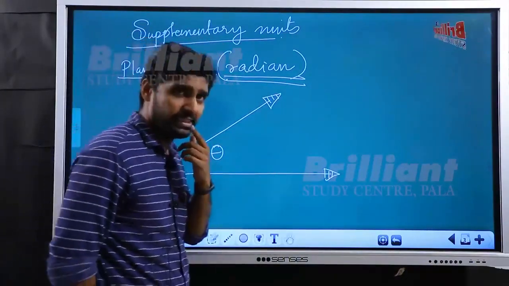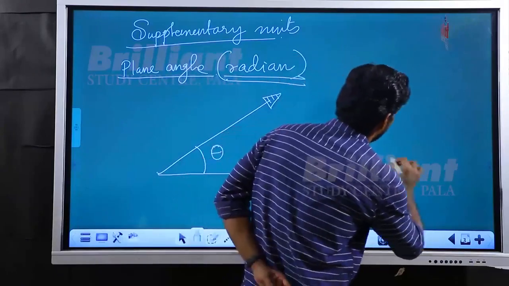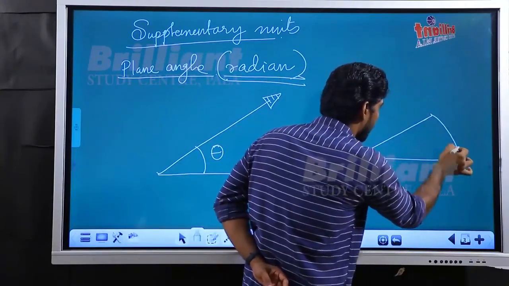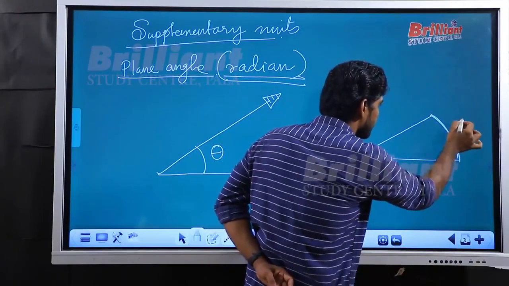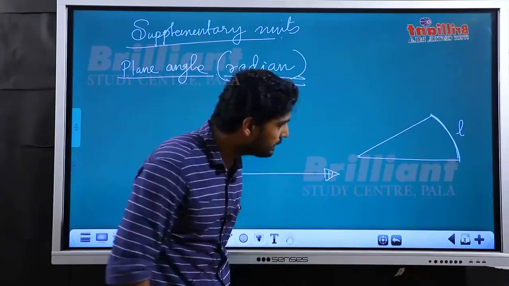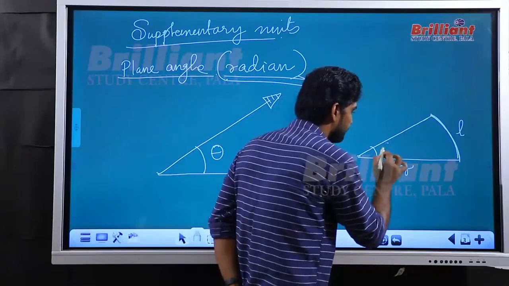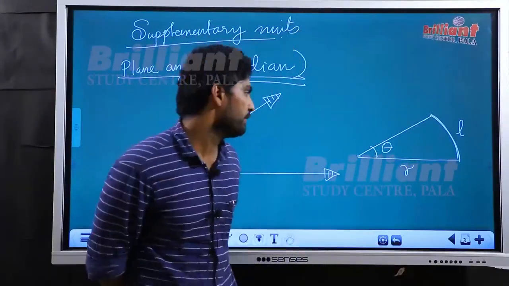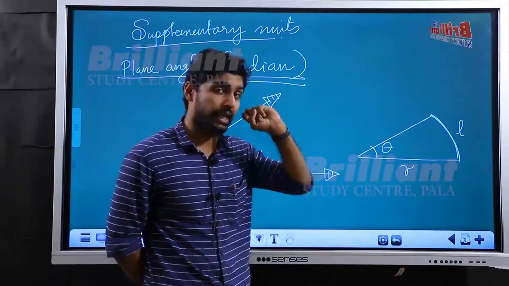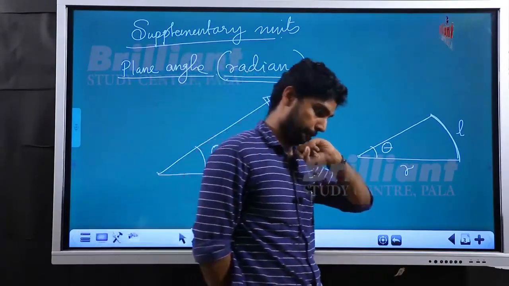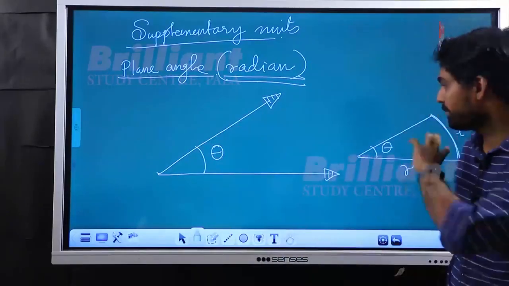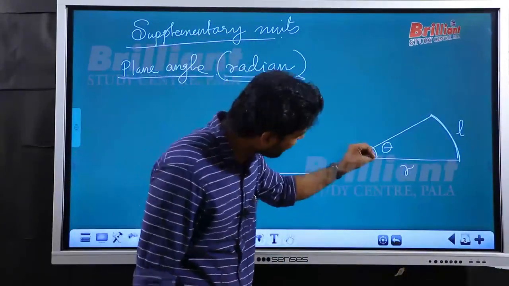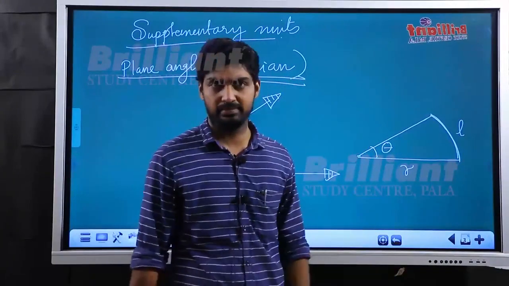Suppose we consider an arc. You are all familiar with arc. Suppose this is an arc of a circle. This is an arc length. This is the radius and this is the angle. You know that if this angle is 360 degrees, then it is a full circle. We are not discussing that.